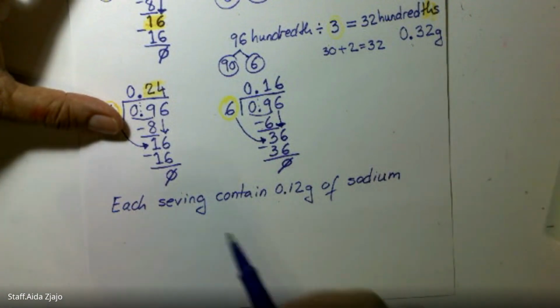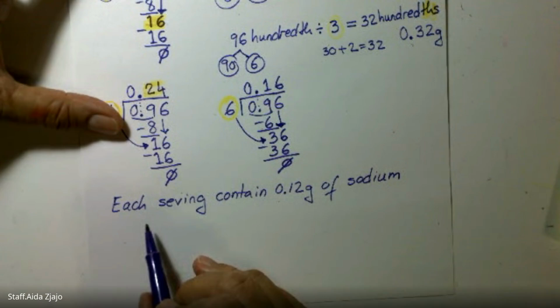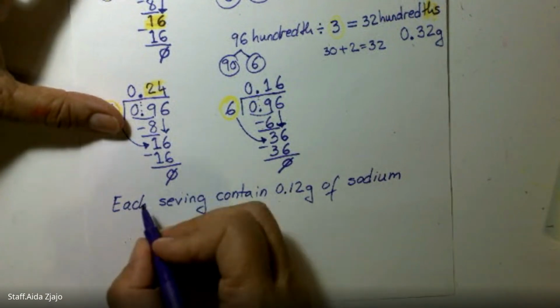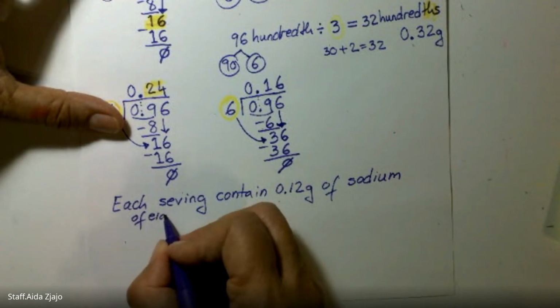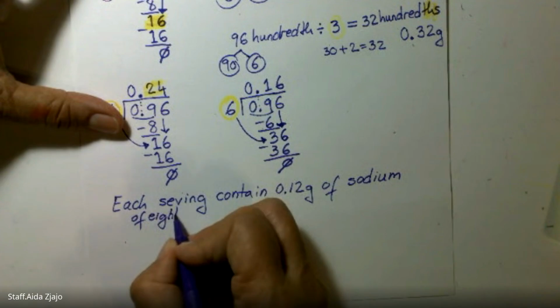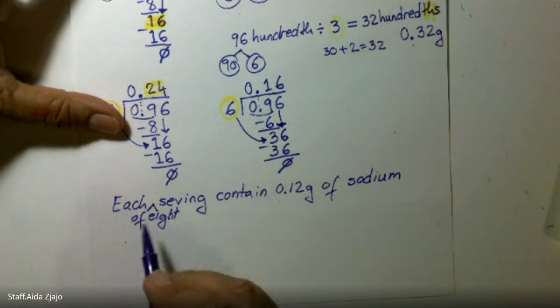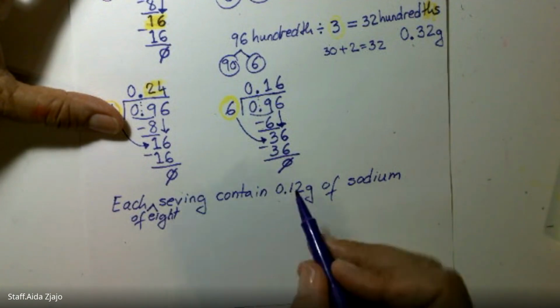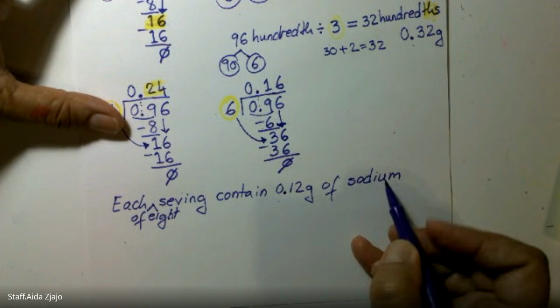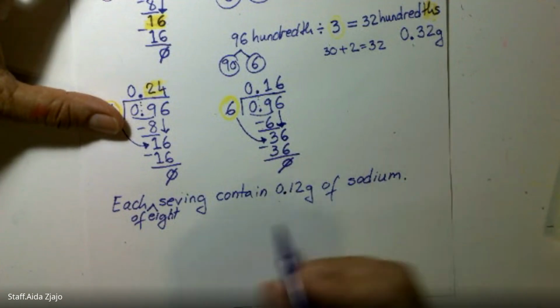Maybe I should write each of 8 servings. So each of the 8 servings contains 0.12 grams of sodium.